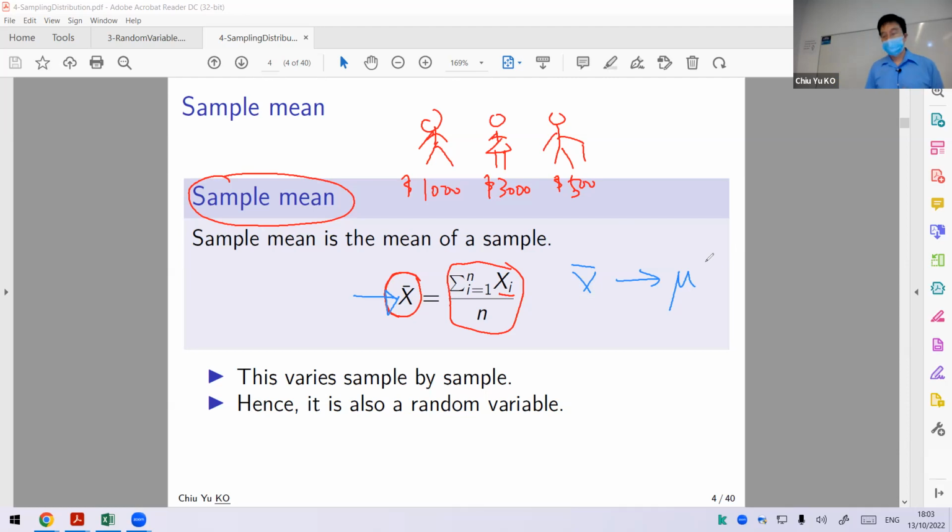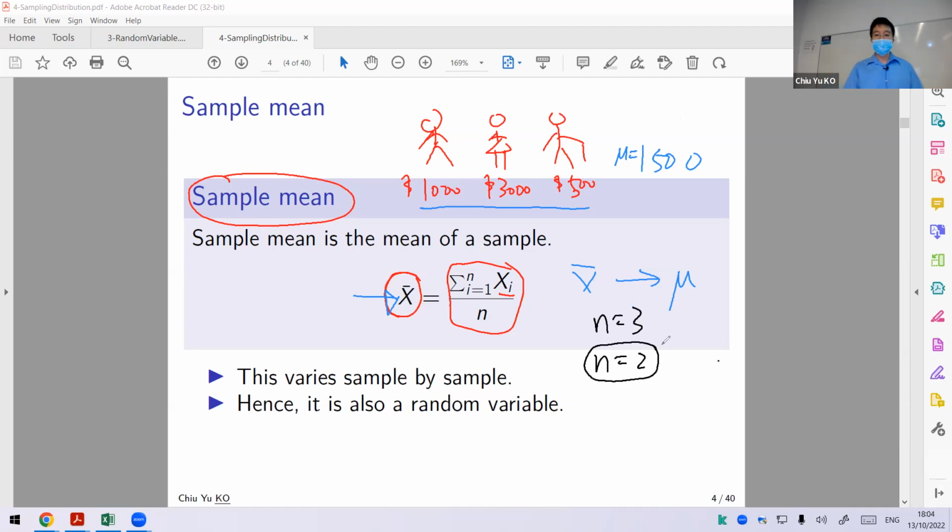If the population mean is, I don't know, 4,500 divided by 3, the actual mean is 1,500. And so we want to estimate that. The easiest thing is, if you have a sample of 3, then you are done. You ask all 3 guys, then you're done. But we don't have these resources. We can only do, say, n equal to 2.